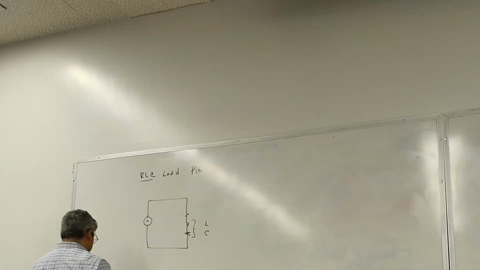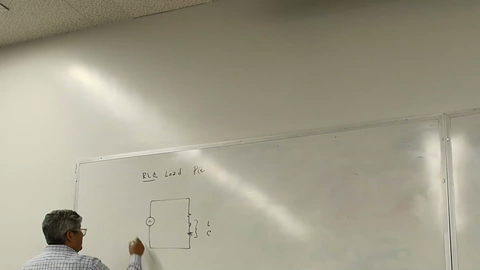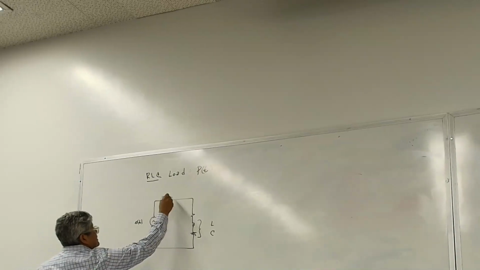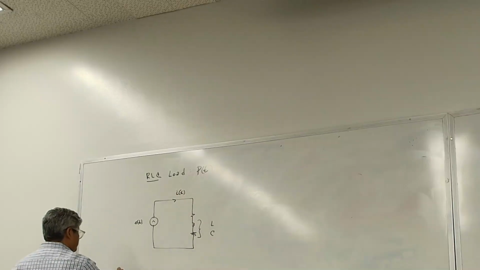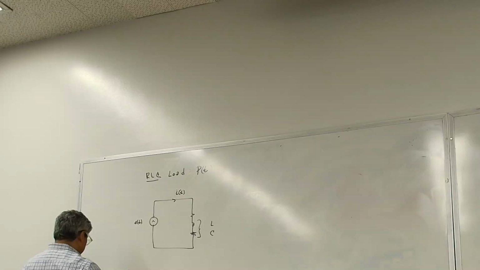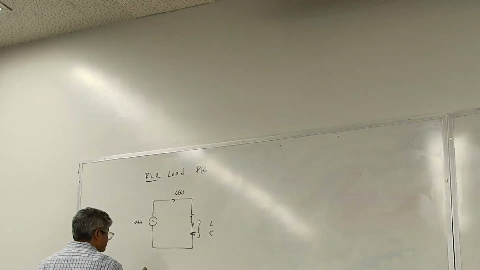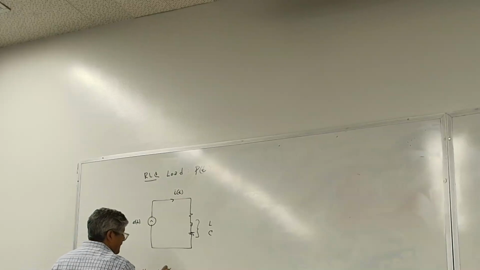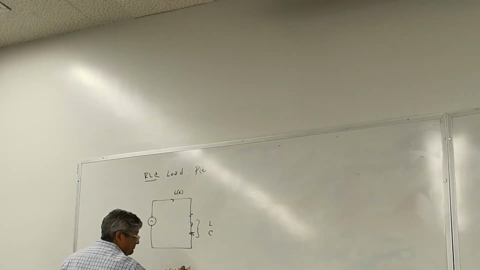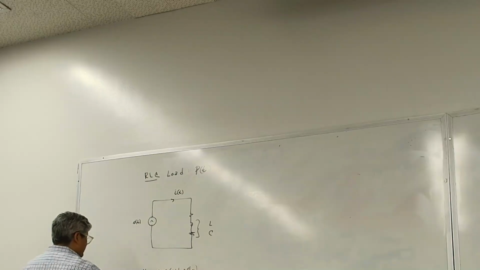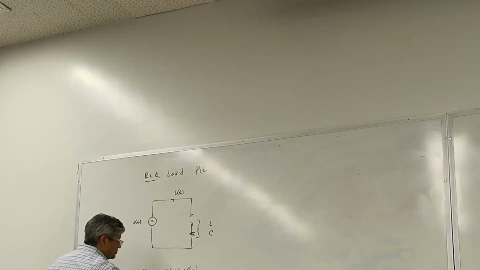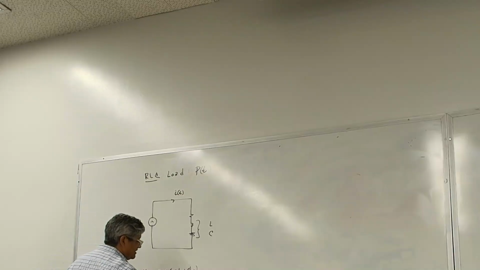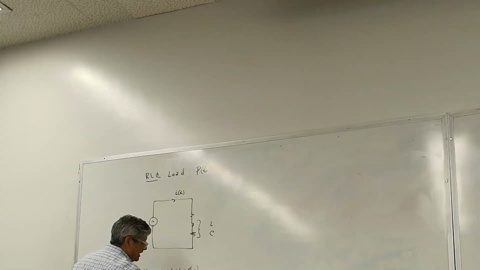So in this case, the formula, v of t equals V max cosine omega t plus some angle phi V, and i of t is equal to I max cosine omega t plus phi I.